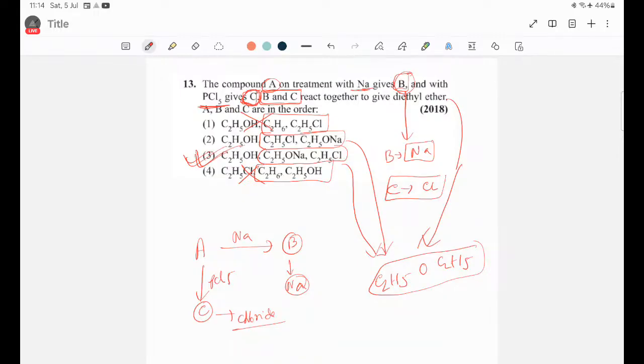So definitely C should be a chloride. Therefore option 3 should be correct without getting into the conceptual part. Just with the keyword or common word, we can crack this kind of question.